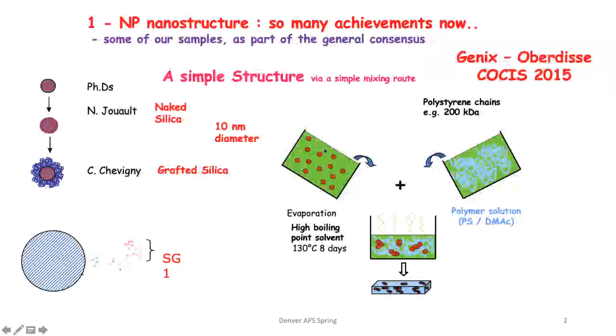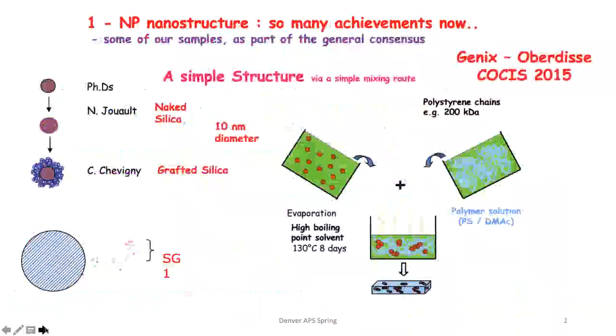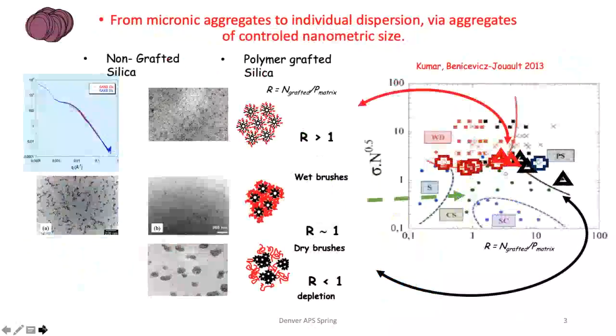Whether the silica was naked or grafted, we mixed it with a polymer in a solvent, dimethylacetamide, which is a high boiling point solvent, and we let the mixture evaporate for a very, very long time, and so we believe that this is the reason why we obtained rather well-defined dispersion.